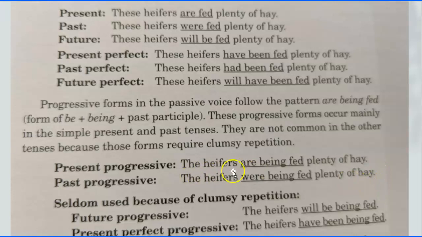The heifers are being fed plenty of hay. That's present progressive. Here's the past. The heifers were being fed plenty of hay. I don't so much care if you know the progressive piece of that. I do want you to understand the active and the passive, but I don't really get nitpicky about whether you understand the progressive.